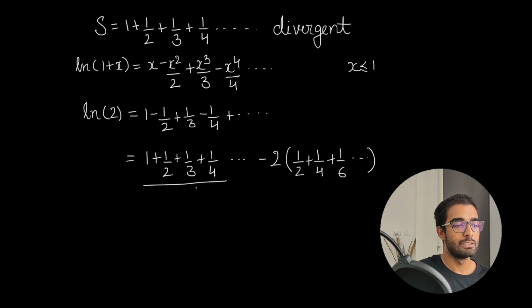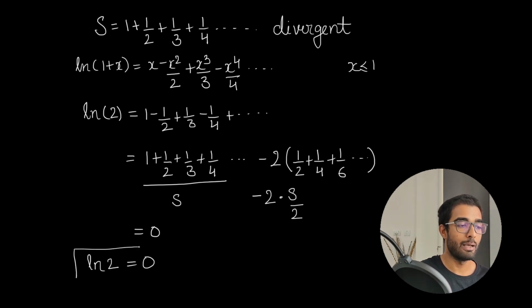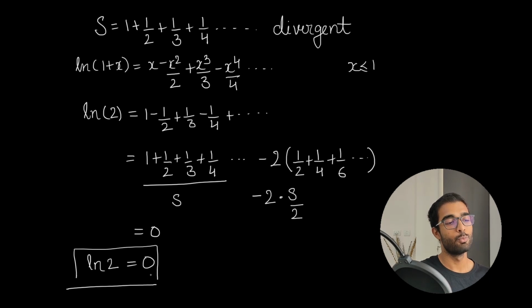Now this is equal to S, and this is equal to minus 2 times S by 2. So we get S minus S, which is equal to 0. So in conclusion, we are proving that ln2 equal to 0, which is absolutely rubbish. So what is the mistake that we are making here?